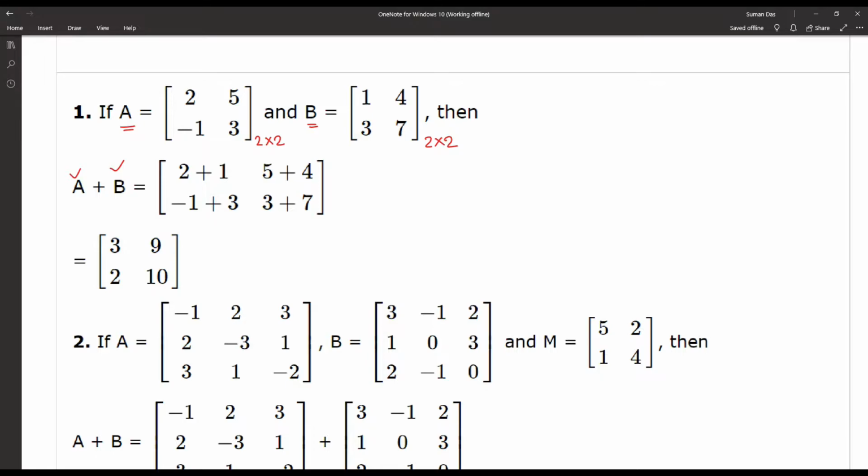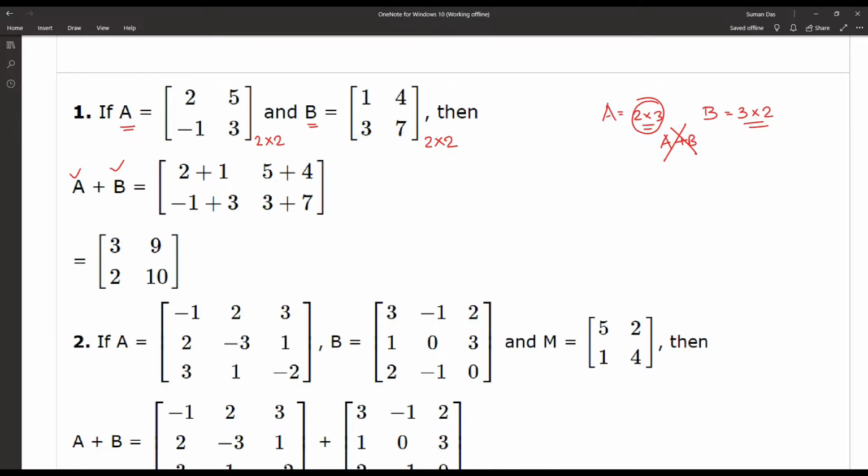Suppose we have a matrix A that has the order 2 cross 3, and B is another matrix which has the order 3 cross 2. Then A plus B, the addition of the two matrices A and B, is not possible because the order of matrix A is 2 cross 3 and the order of matrix B is 3 cross 2.